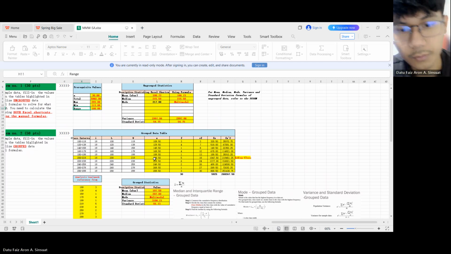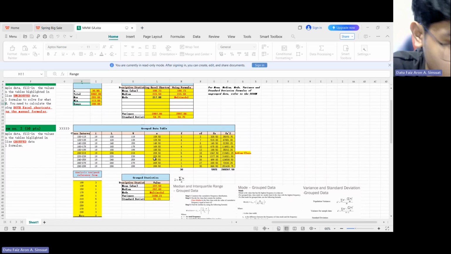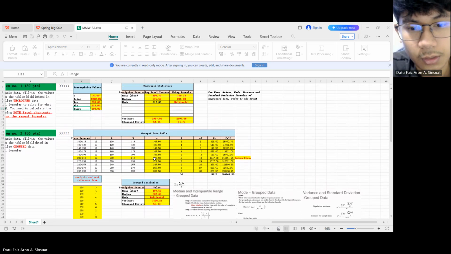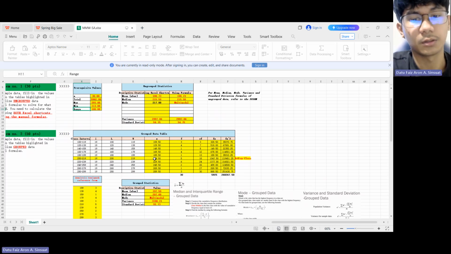If it's close to -1, one goes up and the other goes down. Close to 0, they're not related at all. In Excel, it's just CORREL, and we can make a scatter plot to see the relation visually.